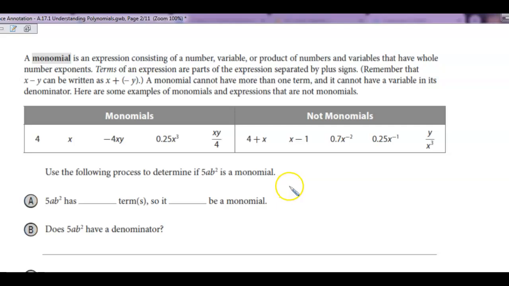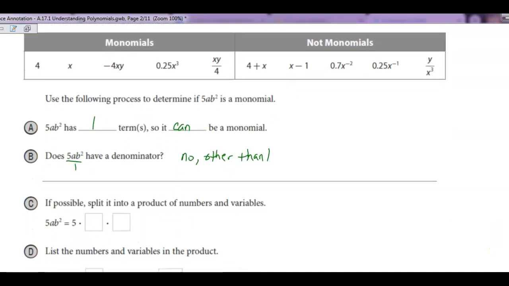So let's use the following process to determine if 5 times a times b squared is a monomial. Well, it has one term, so it can be a monomial. Does it have a denominator? No, other than 1. If I put a 1 underneath it, that would have a denominator, but on its own, standalone, it does not.